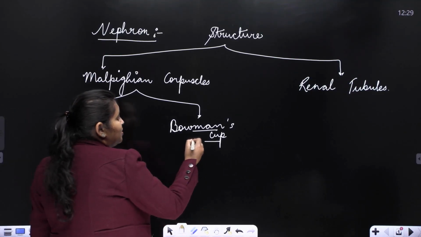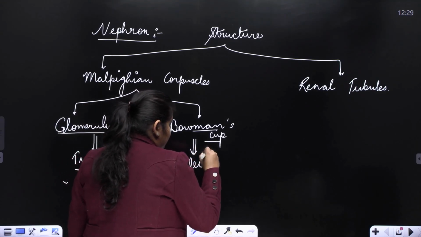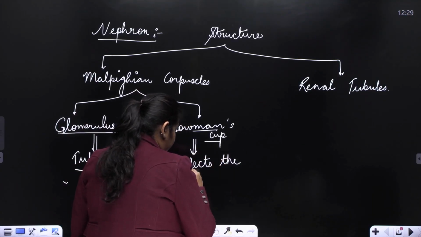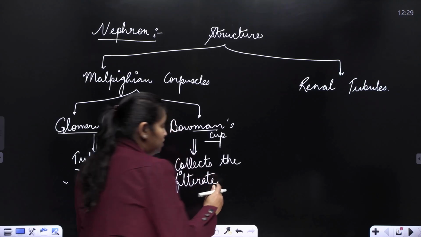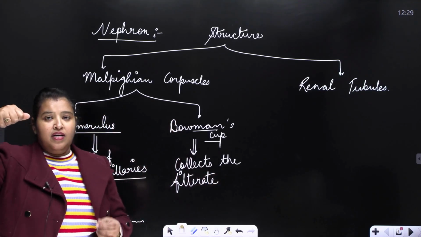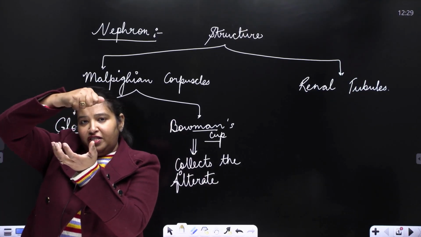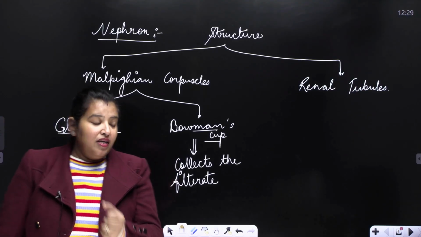For that purpose is the Bowman's cup, which collects the filtrate. All right. So this is the tuft of capillaries and this is the cup and it is present like this. So filtration takes place here and the filtrate gets collected in this cup.